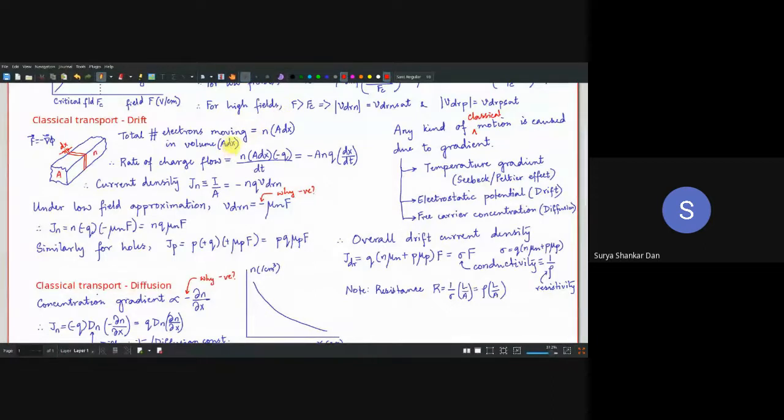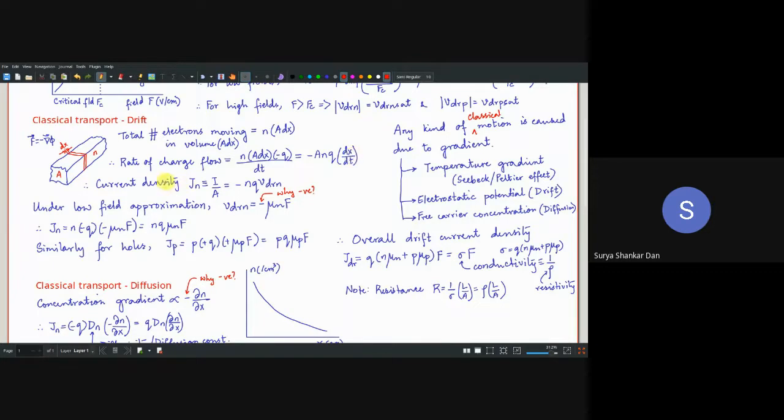So the rate of charge flow: the number of electrons, n A dx, multiplied by minus q, the electronic charge. It is a rate, so we have to divide it by the time dt taken for the electron to move through this small cross-section dx. That gives you dx/dt coming over here. So what is this dx/dt? Nothing but the drift velocity, right?